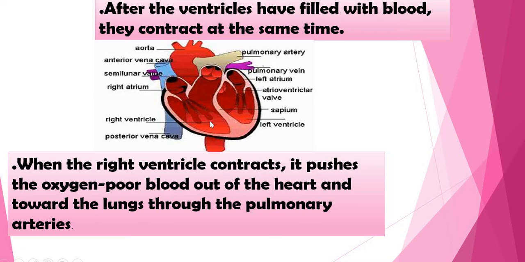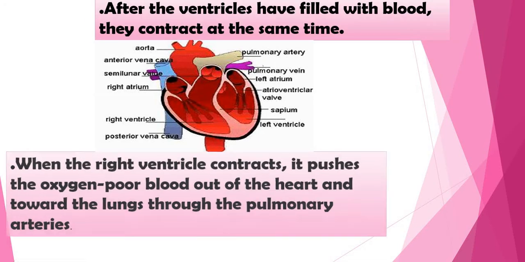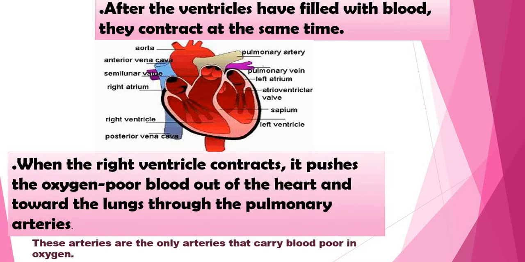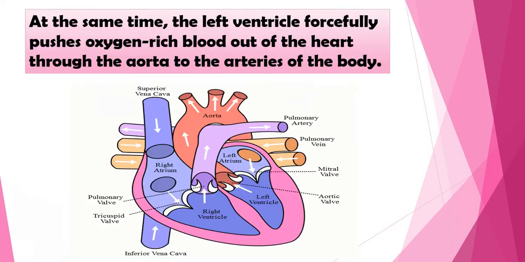After this, the 2 ventricles contract at the same time, where the right ventricle contracts, allowing the blood poor in oxygen to be pumped out of the heart toward the lungs through the pulmonary arteries. And these pulmonary arteries are the only arteries that carry blood poor in oxygen.